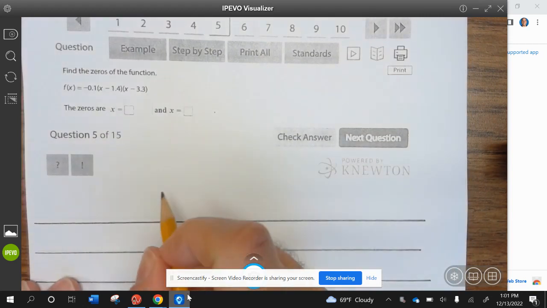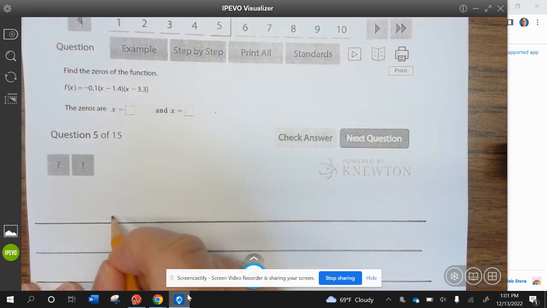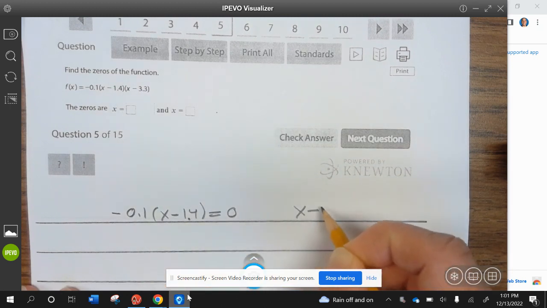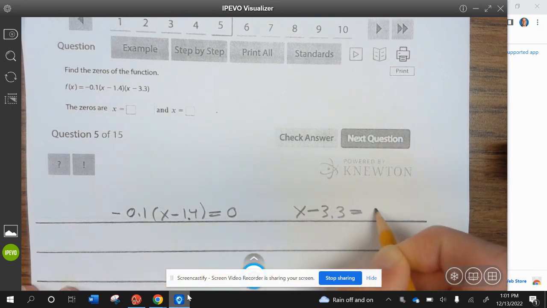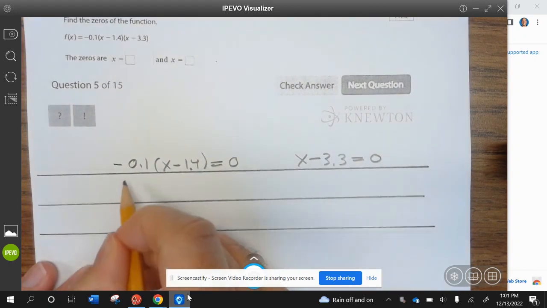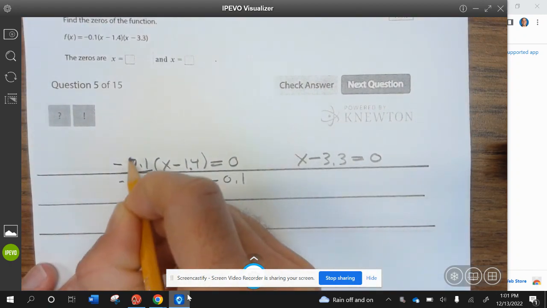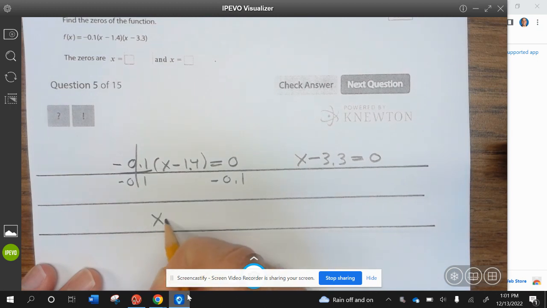All right, so here, find the zeros of the function. So you're going to set negative 0.1 parentheses x minus 1.4 equal to 0, and x minus 3.3 equal to 0. Here, you're going to divide both sides by negative 0.1. That's 1. You get x minus 1.4 equal to 0.